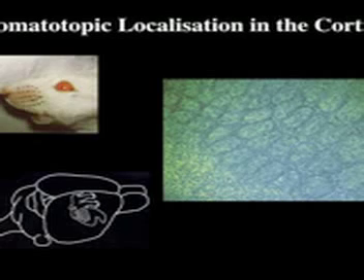And also, I hope you can see that the layout of areas within this part of the cortex is the same as the layout of the whiskers in real space. It's an example of somatotopic localization. The topic arrangement of the central nervous system looks like the topic arrangement of the soma, the body.